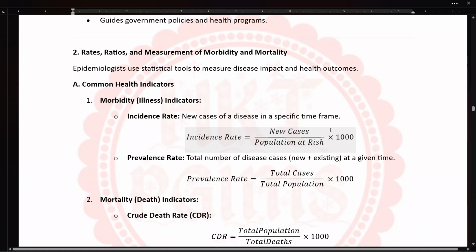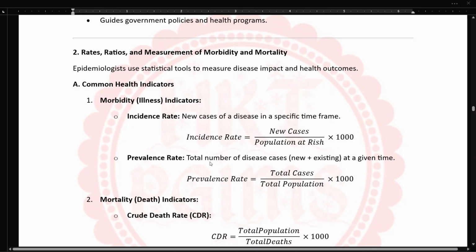Then we can find the rate from there. So incidence rate is new cases by population at risk, into 1000.